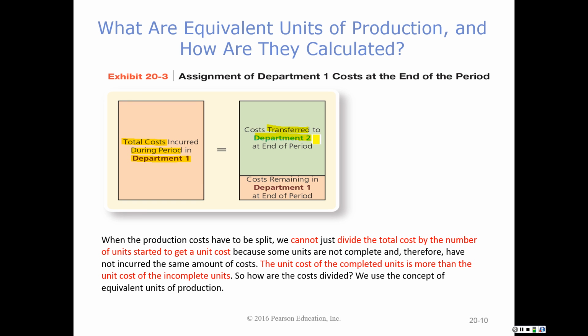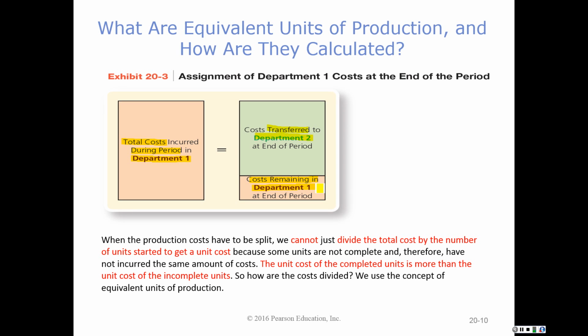But in process costing, the process is usually never entirely complete. So there will be some cost that will remain in Department 1, the mixing department for crayons, at the end of the period. These are the cost of the units that are not completely finished yet.